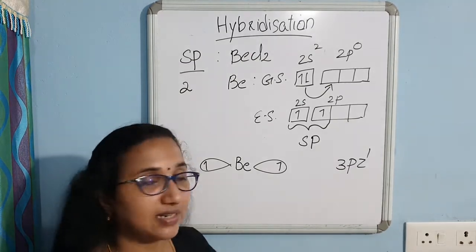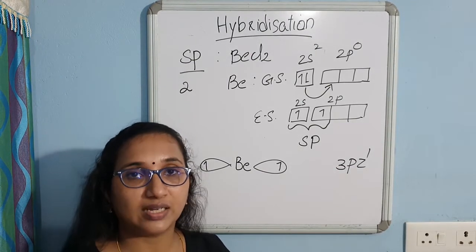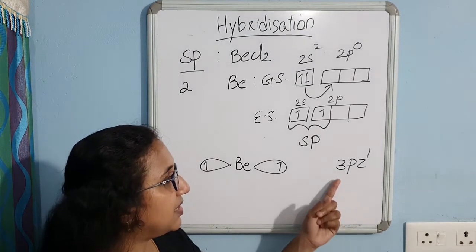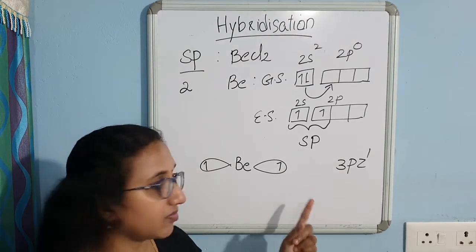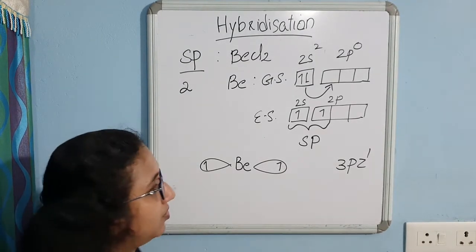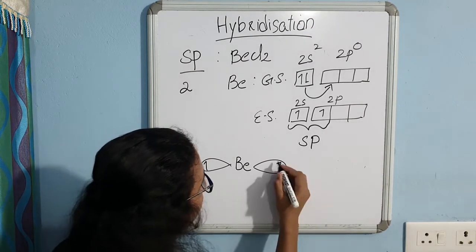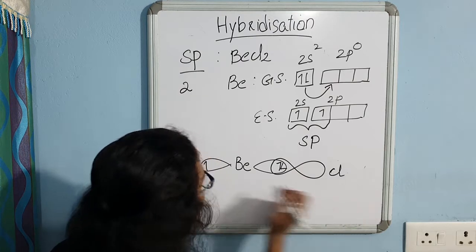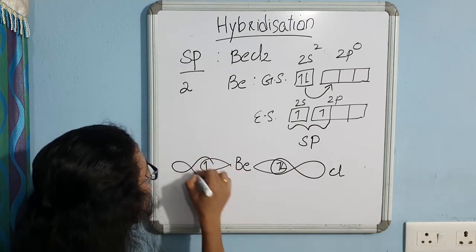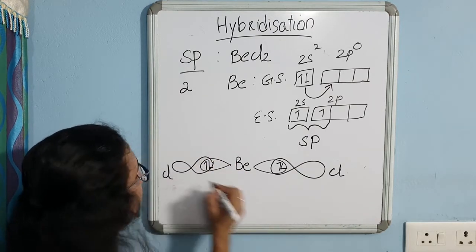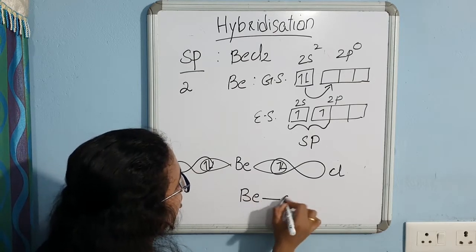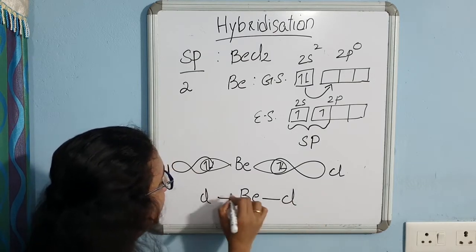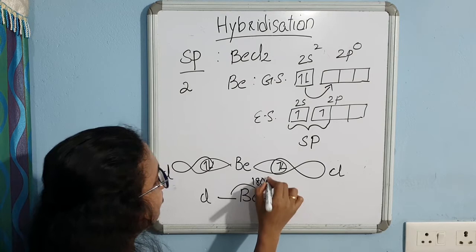Only the 3pz orbital is half filled, all others are paired. So the 3pz orbital having 1 electron overlaps with the hybrid orbitals of beryllium to form a beryllium chloride molecule having linear geometry and 180 degree bond angle.